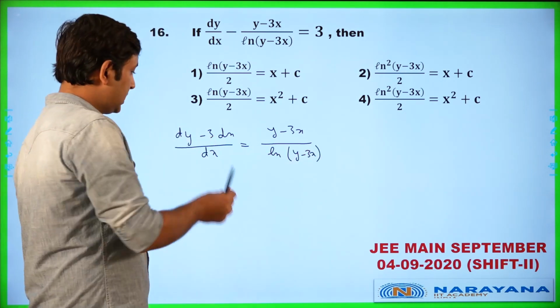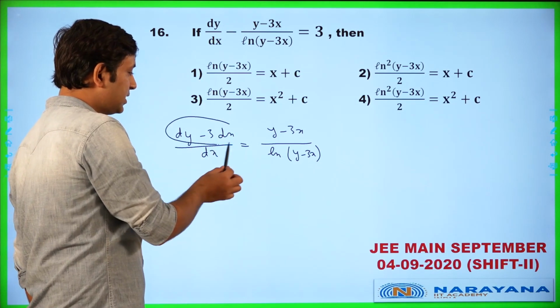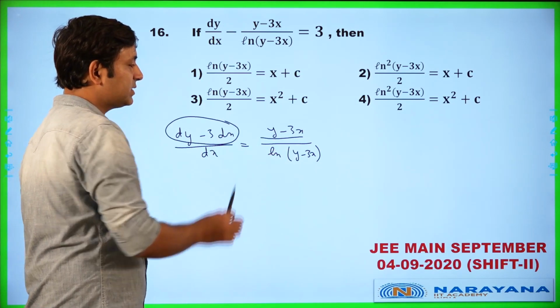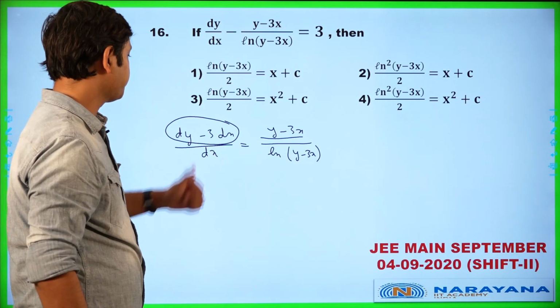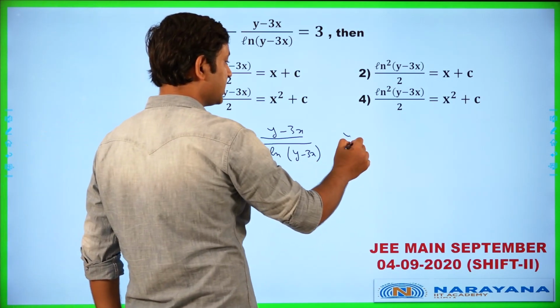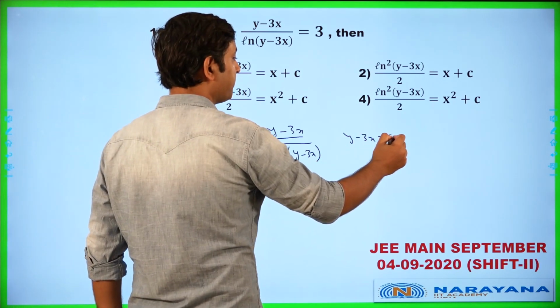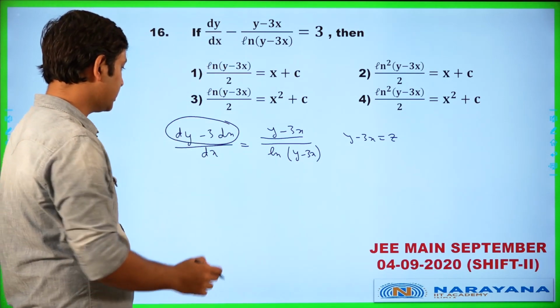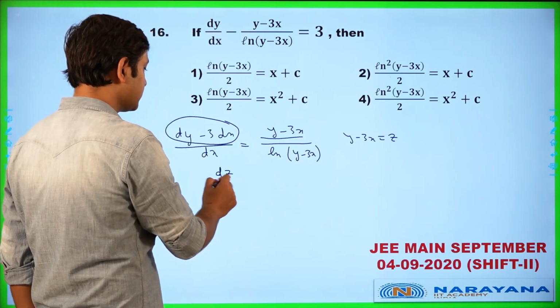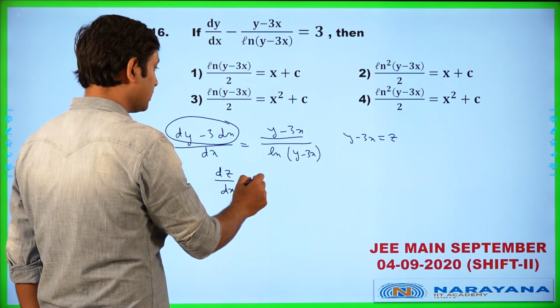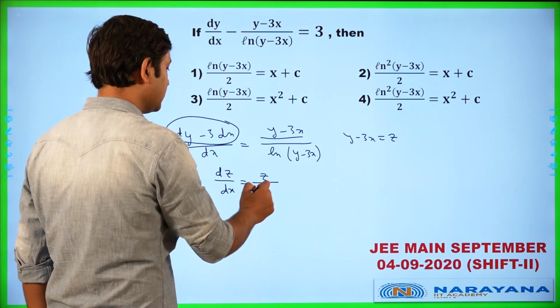This expression is just the differentiation of y minus 3x. We'll take y minus 3x as z. So what's written here is dz by dx is equal to z upon ln z.